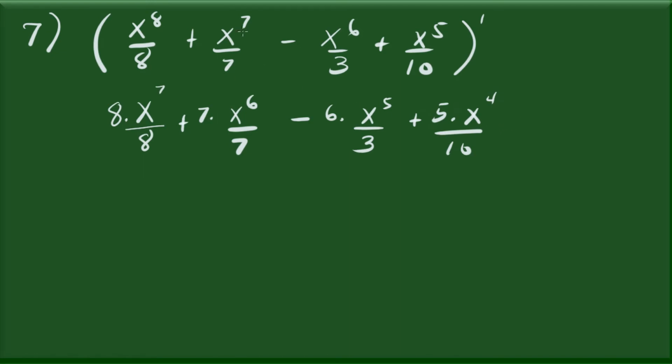That's 7x to the 6 over 7 minus 6x to the 5th over 3 plus 5x to the 4th over 10. All we need to do is simplify this to x to the 7 plus x to the 6 minus 6 divided by 3 is 2, x to the 5th plus x to the 4th over 2.